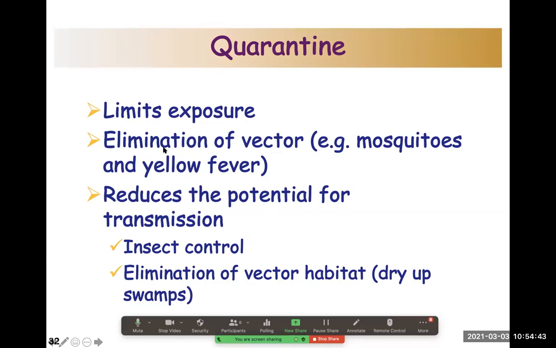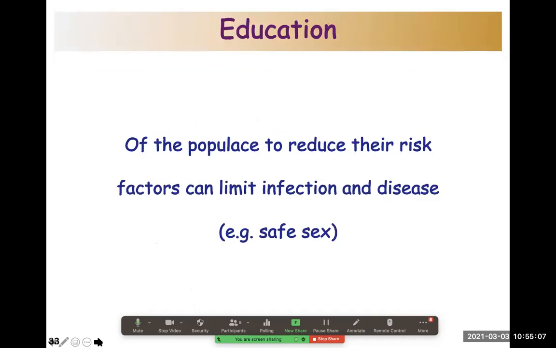And in many cases, we eliminate the vector. Unfortunately, there is no real vector in the case of SARS-CoV-2. The transmission is human to human, and we need to figure out how to control potential sources of the viruses or parasites.